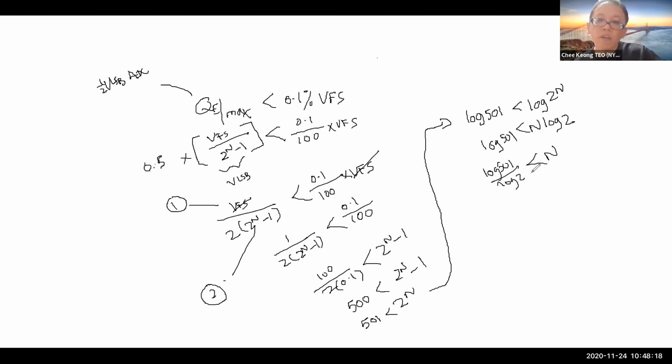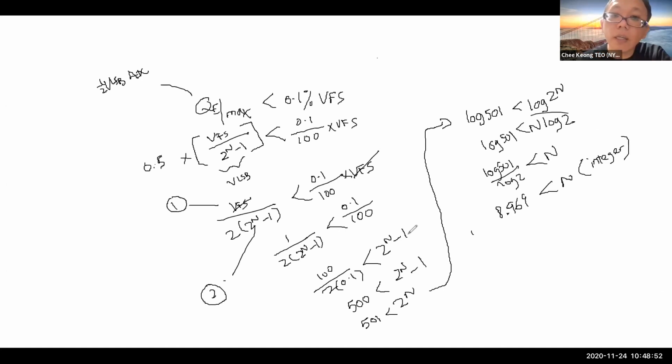If you take log of 501 divided by log of 2, you get a value of n that must be greater than 8.969. Of course, n can be bigger than 8.969, it can be any number, but n must be an integer, right? Because n is a bit.